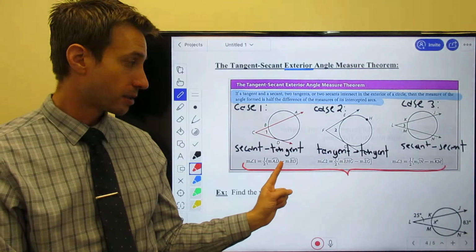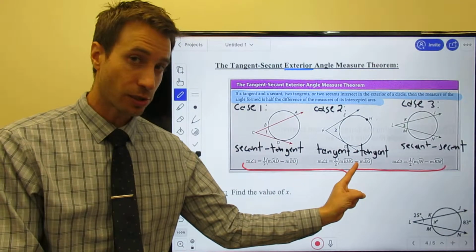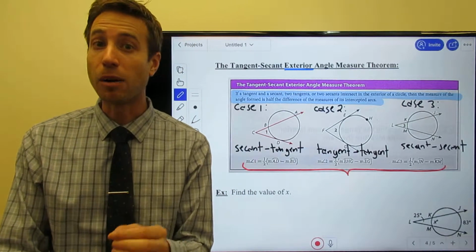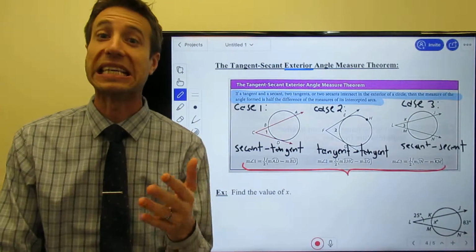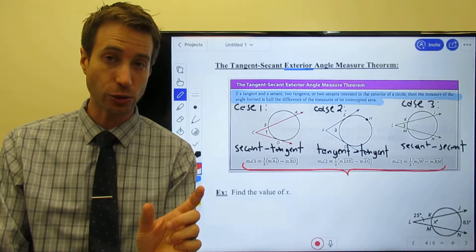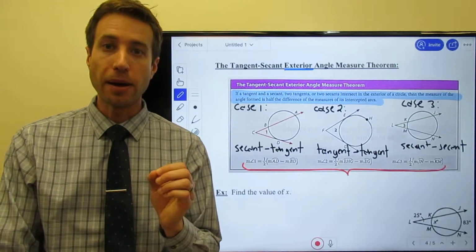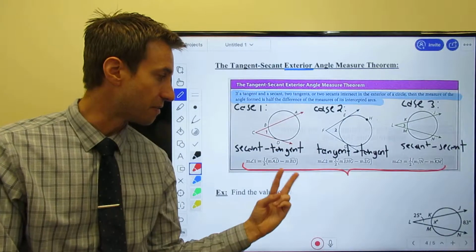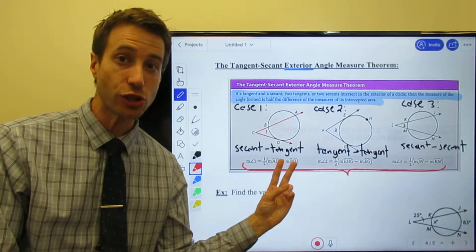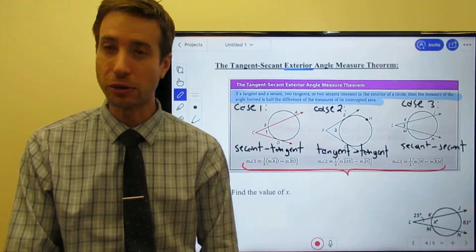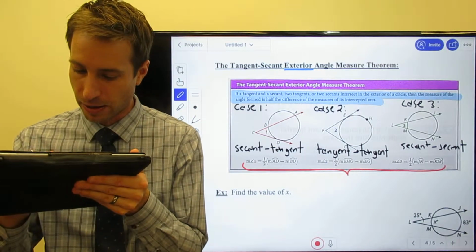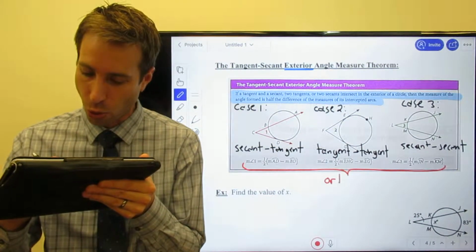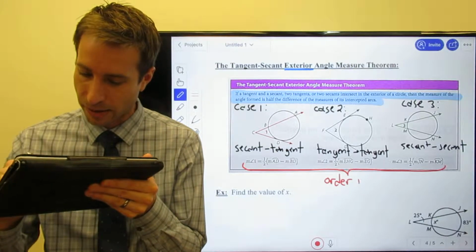Please notice subtraction, subtraction, subtraction. When it comes to subtraction or a difference, you're subtracting 2 numbers, order matters. Subtraction is not commutative. If you switch the order, you will not get the right answer. So very important for these problems, the order does matter.